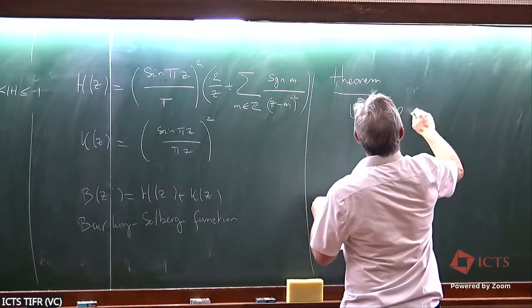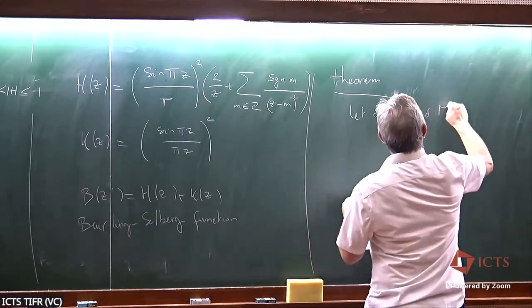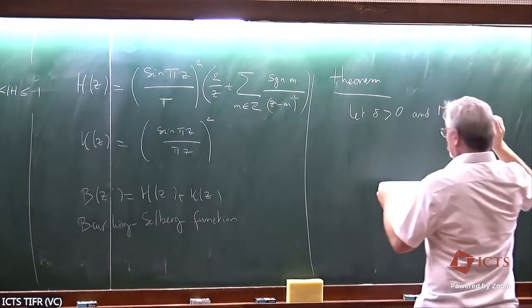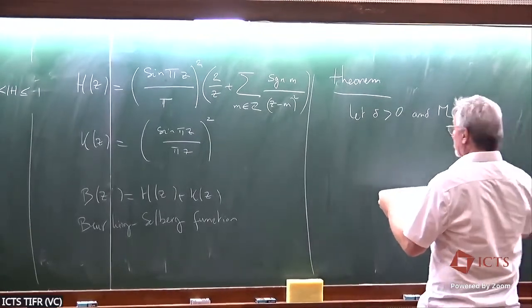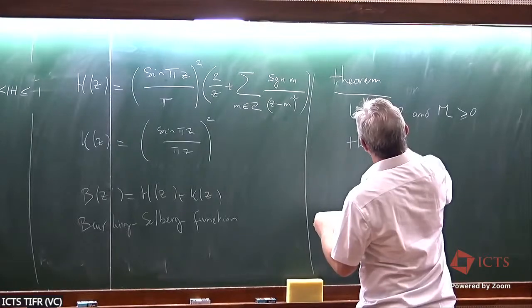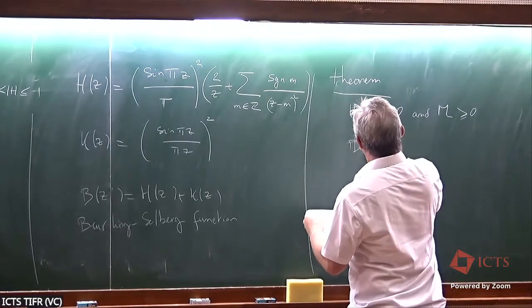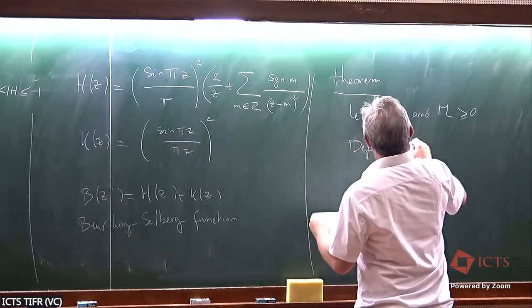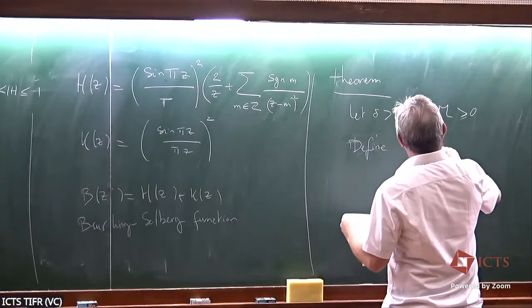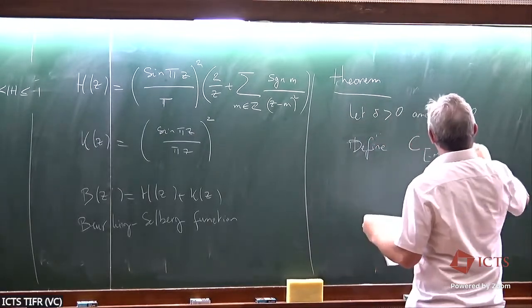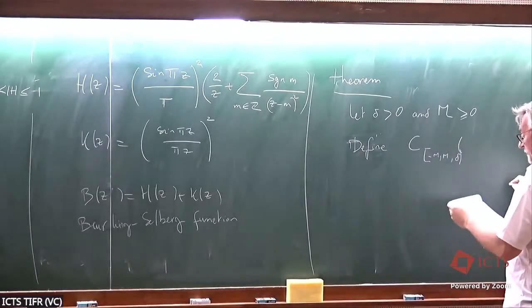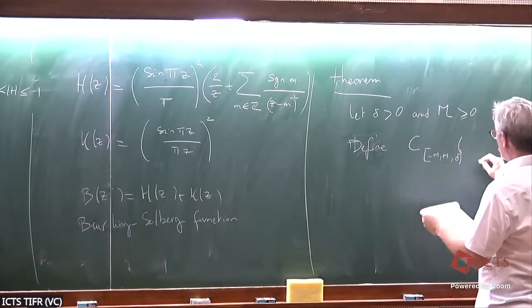Delta positive and M positive also, in fact, larger or equal to 0. The function I define, C of minus M and delta. The parameter, I guess, is U, yes?